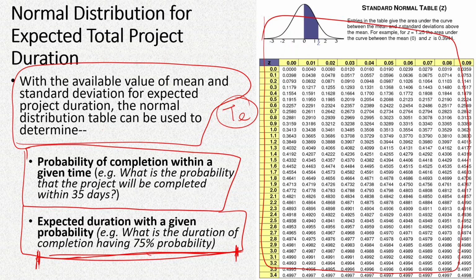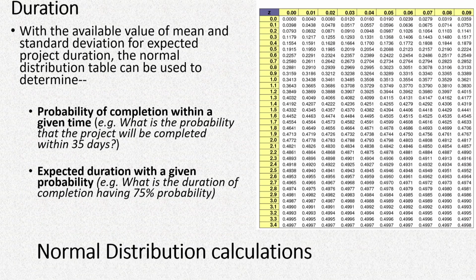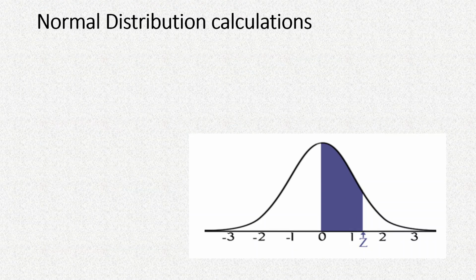and we'll see how. The normal distribution itself looks like this. By definition, the mean indicates 50% probability.